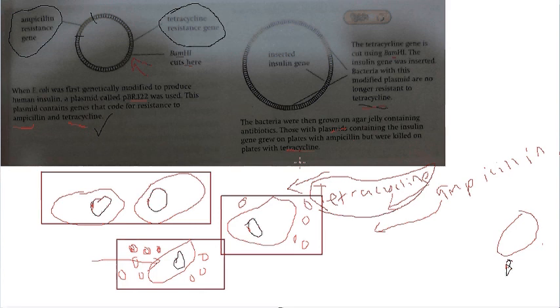So if we keep tetracycline and this one dies, then we have to take its partners and go and test for this one, okay? Because we need only the ones which have the insulin gene inserted in the plasmid, which is the only one required for our process, right?